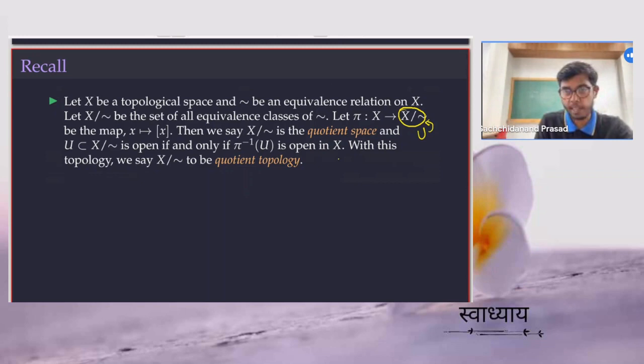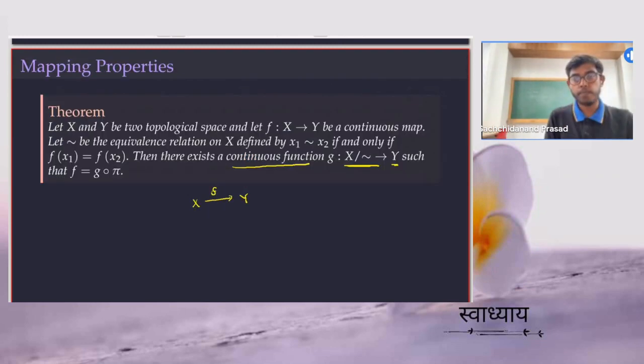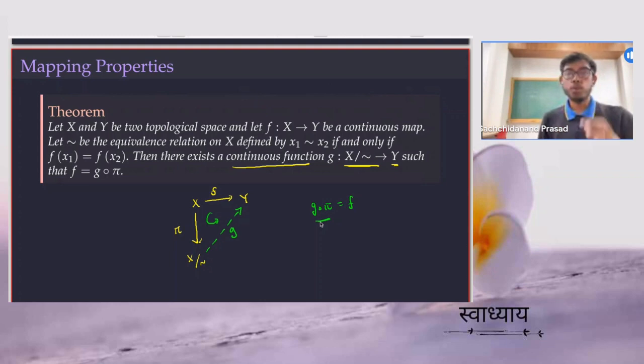So from X to Y, we have a map f. And we also know from X to X mod tilde, we have the quotient map. The theorem says that if f is continuous and it preserves the equivalence relation, then I can find a map g such that this diagram commutes. This means that g composed with pi is equal to f. So what is the natural choice of this g map?